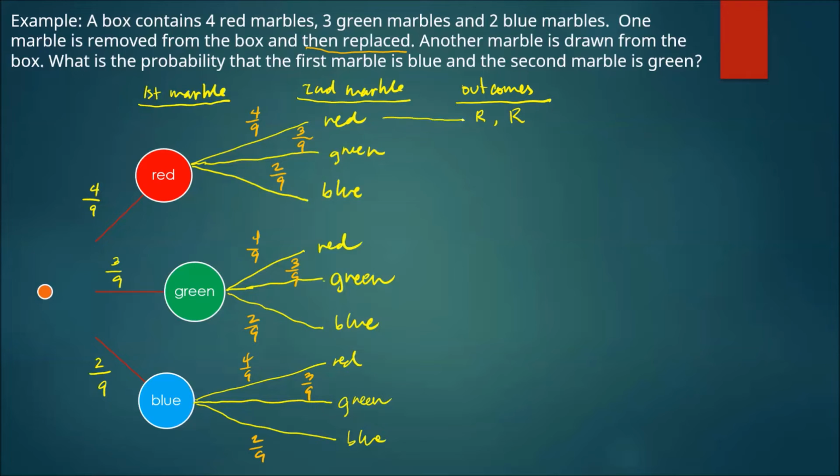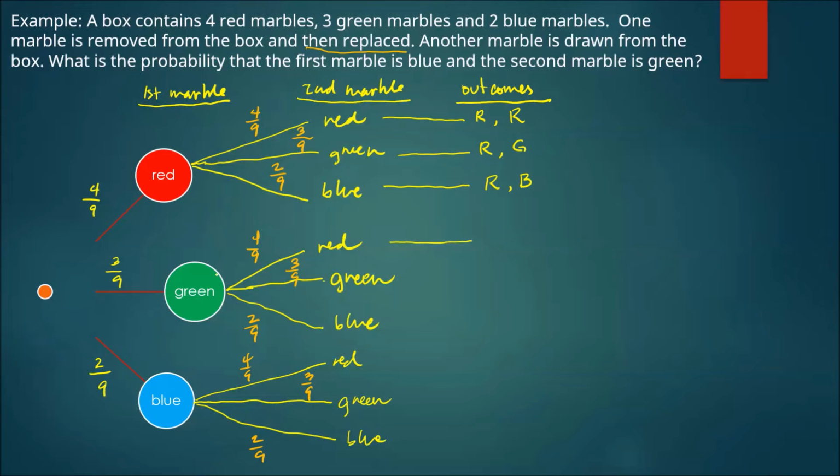So that is our first possible outcome. The second possible outcome is the first marble is red and the second marble is green. The third possible outcome is our first marble is red while the second marble is blue.